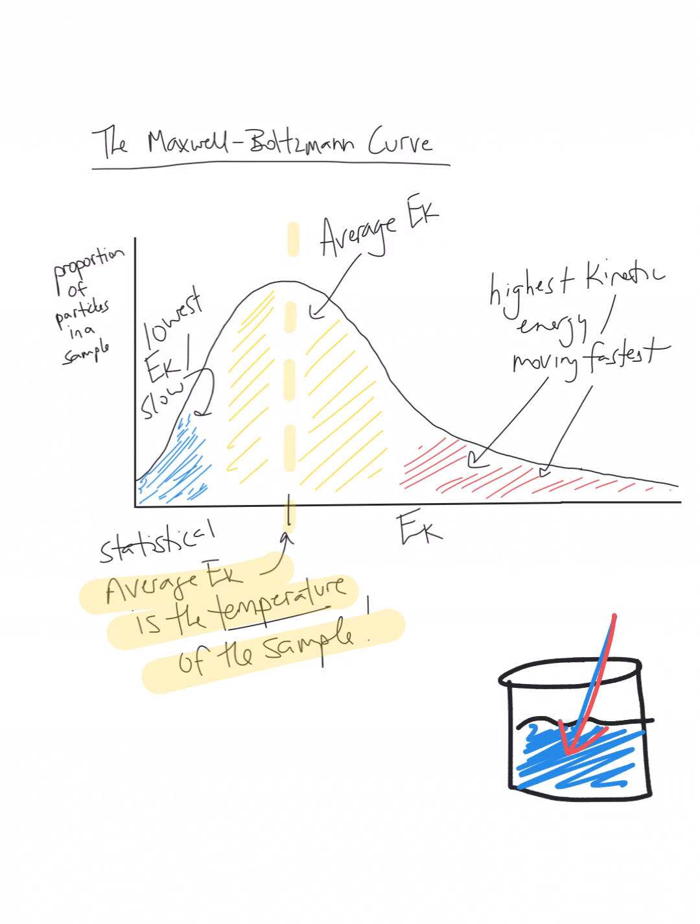And what's actually being shown on the Maxwell-Boltzmann curve is a statistical curve, kind of like a bell curve or a Pareto distribution. What it's trying to show is that most molecules in a sample will have a kinetic energy somewhere between here and here. So by and large, most of the molecules in a sample have this average kinetic energy.